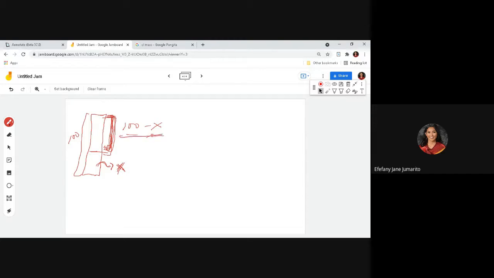So we have 100 minus X. So if we let this part as X, then this part will be 100 minus X. Okay. Follow? Unknown pa man ang X, ma'am.